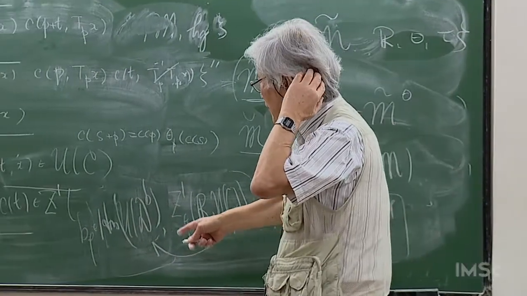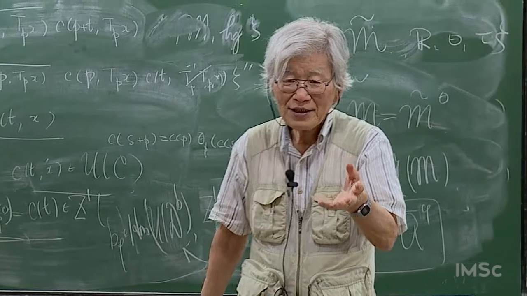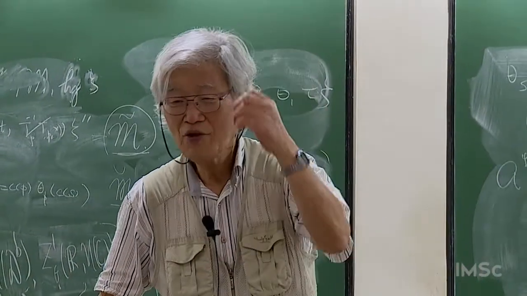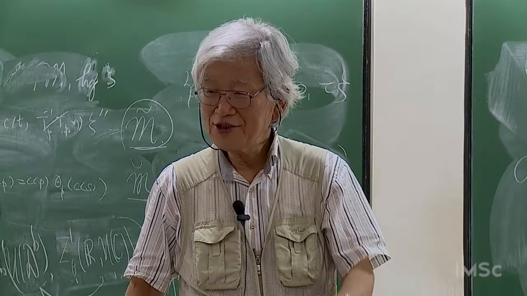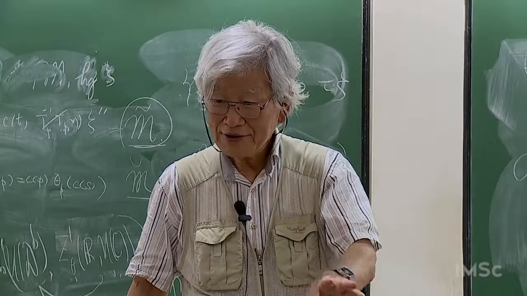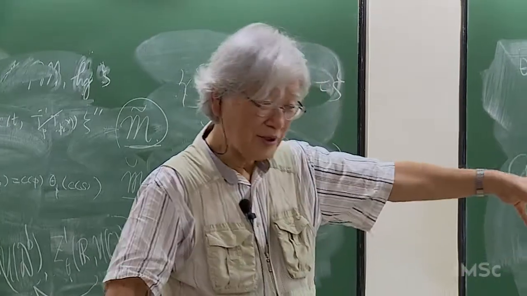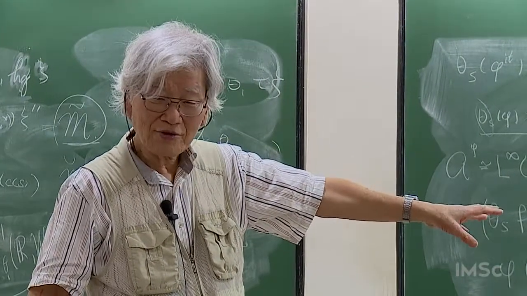This co-boundary belongs to the center, which means B phi of C is in the normalizer U tilde of M, right? The co-boundary belongs to the center. And actually, the original co-cycle.